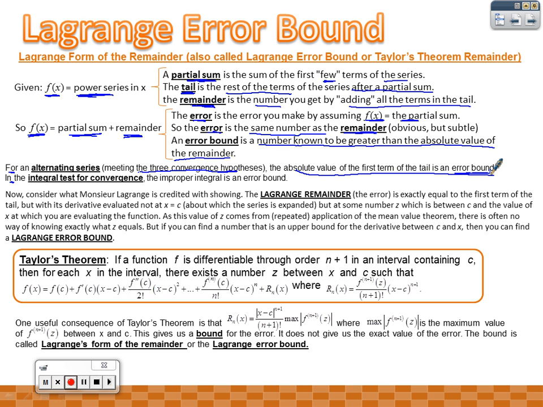And if you have an alternating series, you can use this type of error. You don't have to use Lagrange error bound. So with alternating series, we can handle them like we have already handled them, with the alternating series error. This one we used in the last unit, the integral test for convergence.